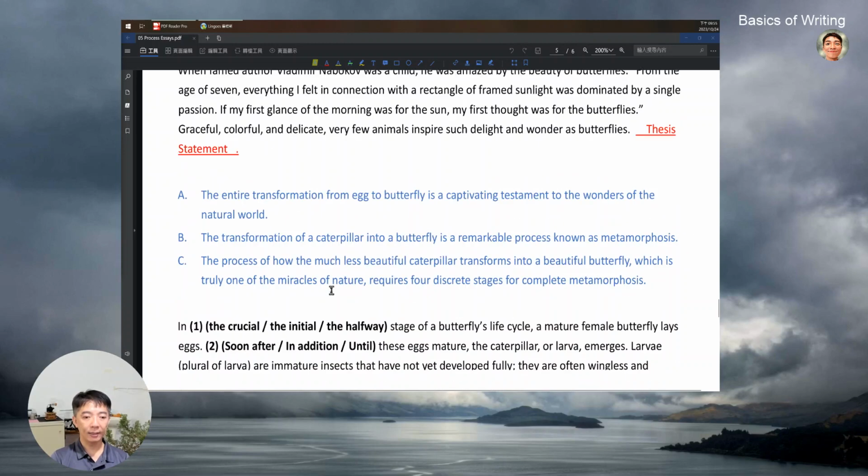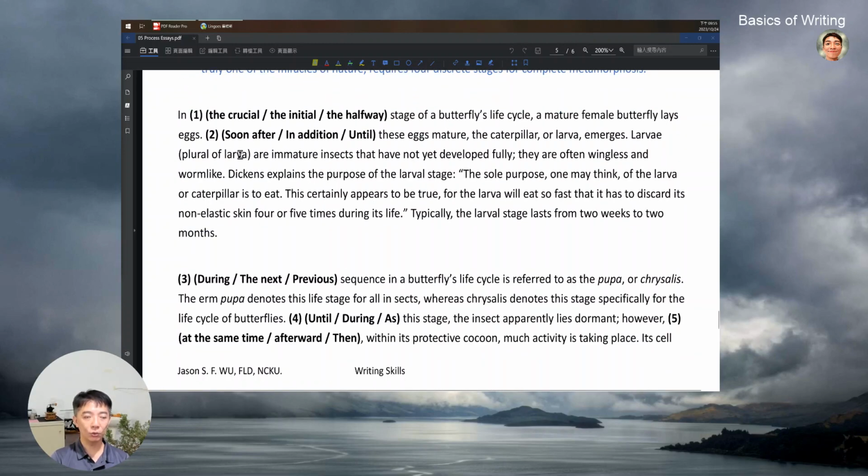And then you continue to read and choose the transition words. Sometimes it's a connector, or sometimes it's a conjunction, so it depends on the context. Choose the best one that suits the article. Okay, that's all for the process essay.